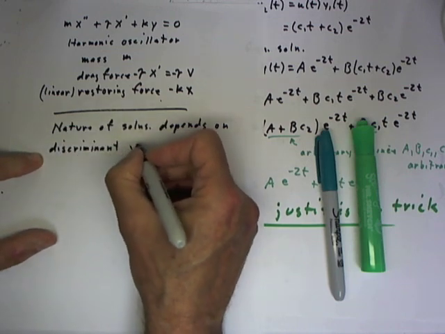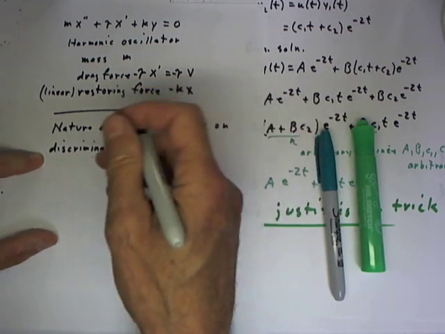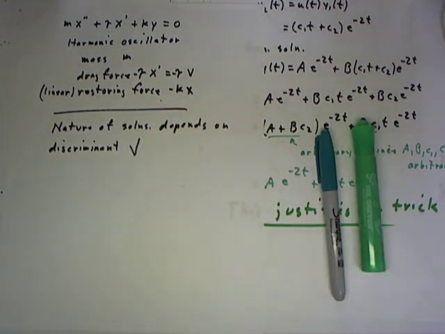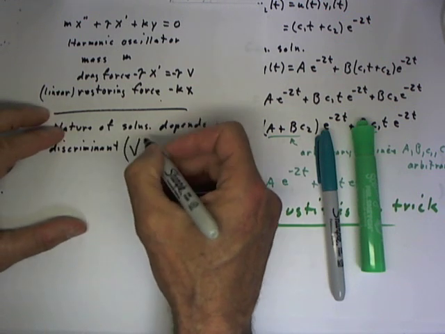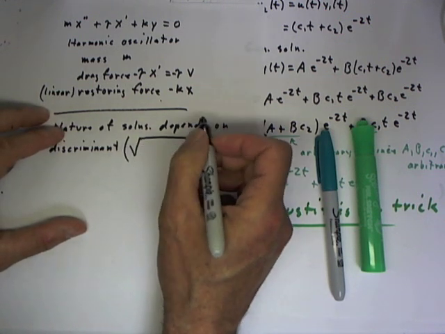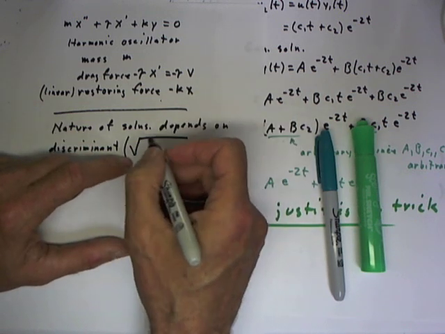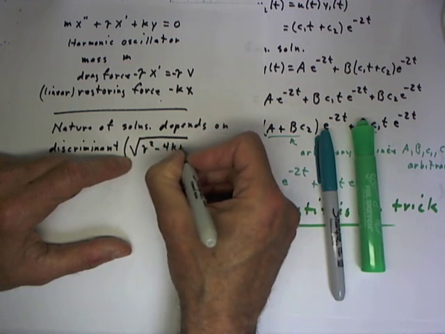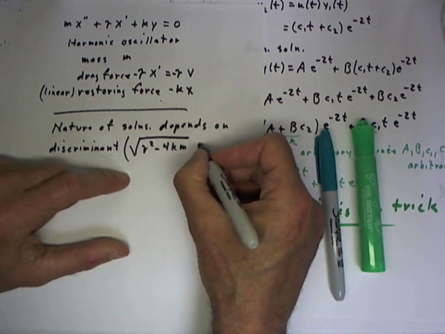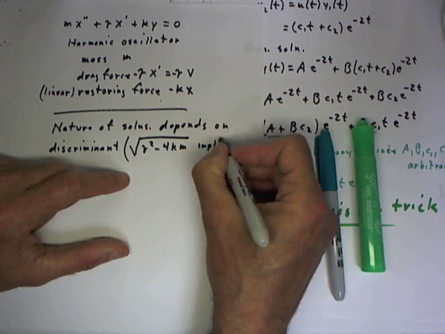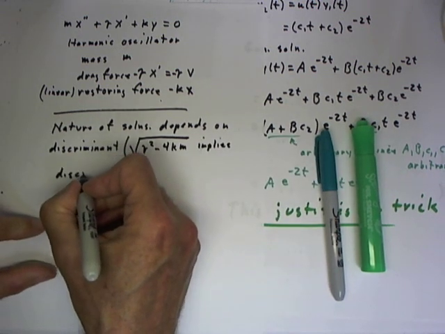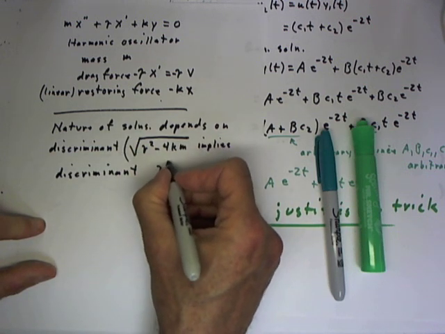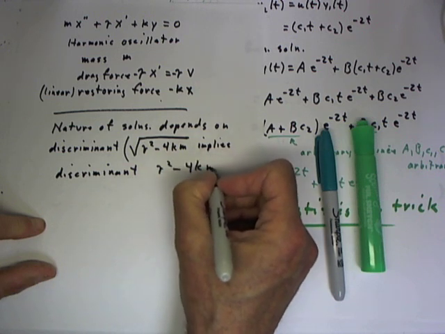Well, the discriminant is not the square root, but I'll rescue myself and say that the term in the quadratic formula, gamma squared minus 4km, implies the discriminant is gamma squared minus 4km.